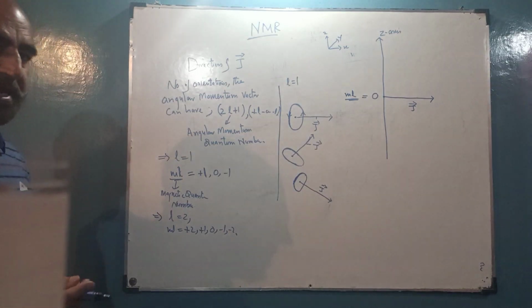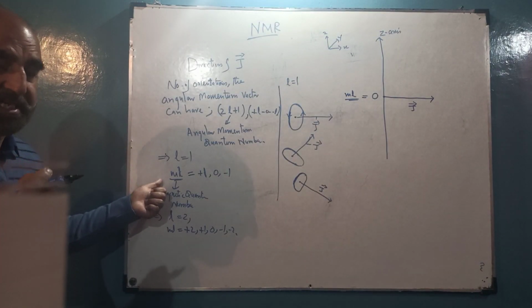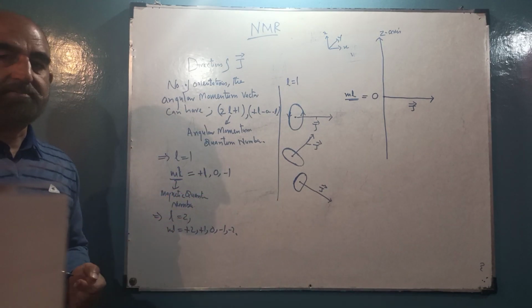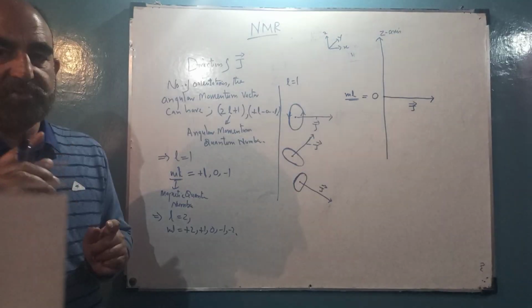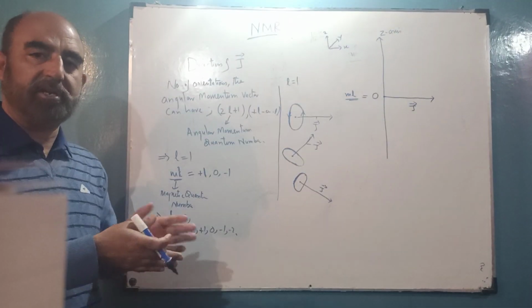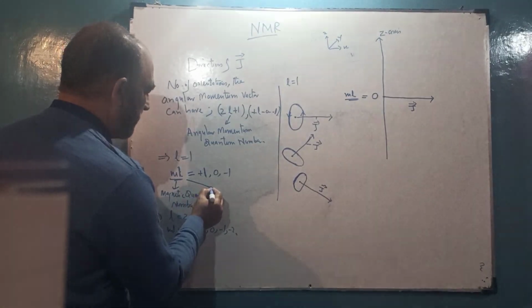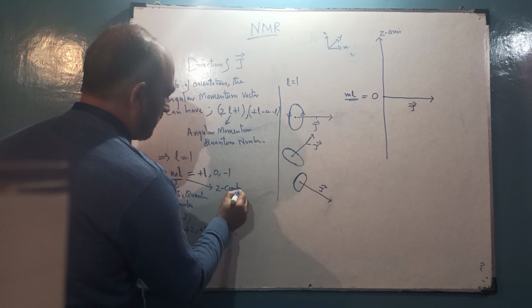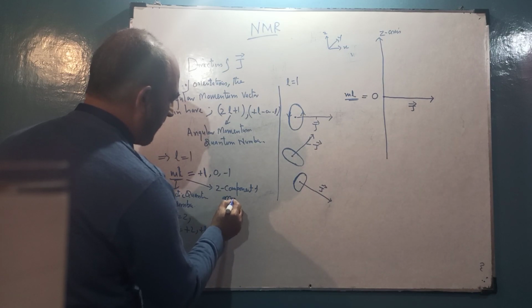So now I am explaining this magnetic quantum number in a bit more detail. When I say the ML value is 0, I am saying that the vector is oriented in such a way that its component on the reference axis is 0. That is why we also say that the ML value shows the z component of the angular momentum vector.